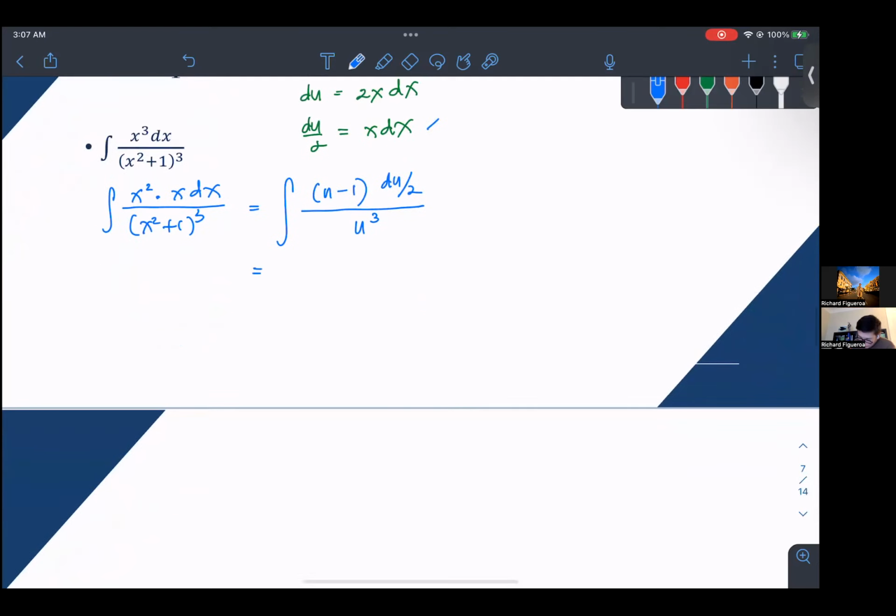Okay, so this one will become, I can move out 1/2. So 1/2, then it will become u minus 1 divided with u cubed du. Right. So we move out 1/2, then u minus 1 over u cubed.